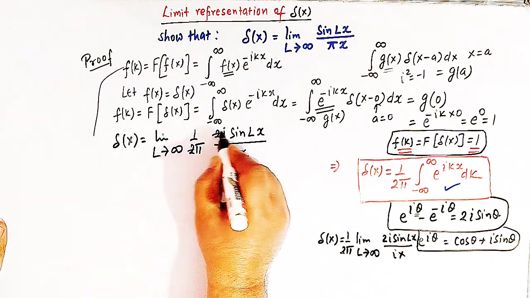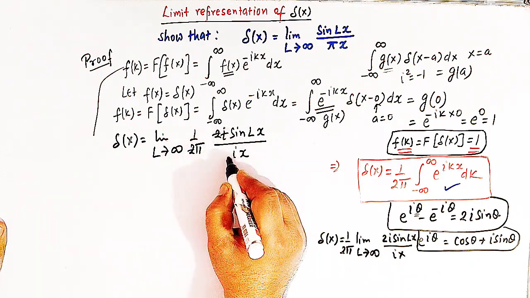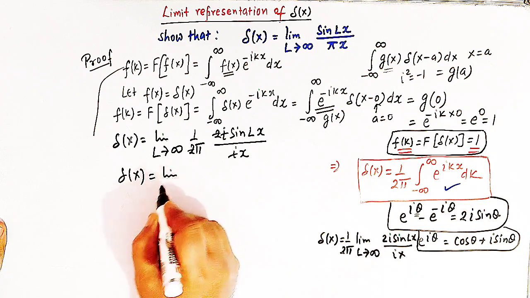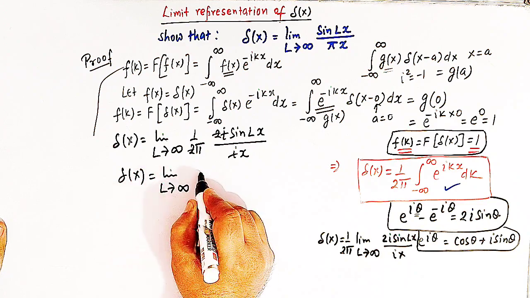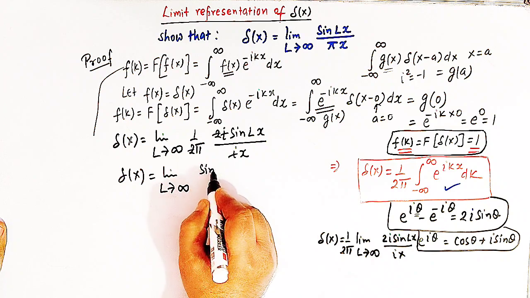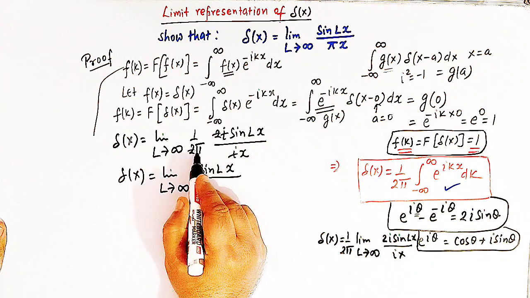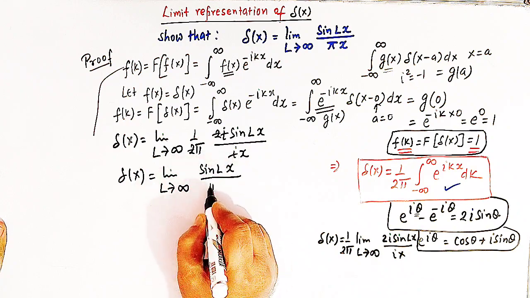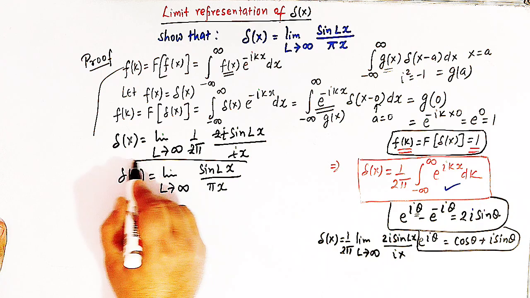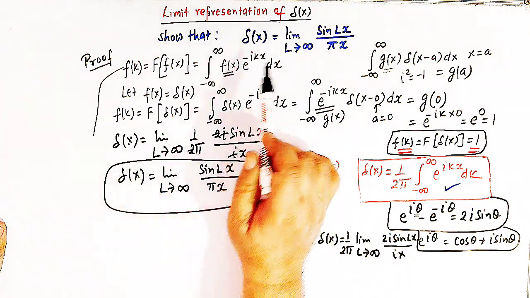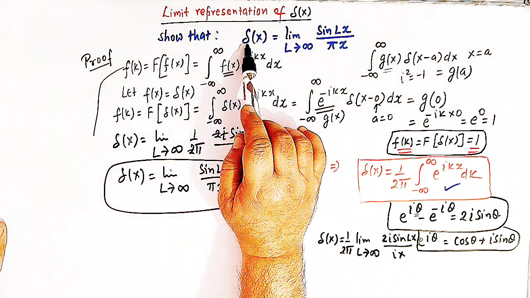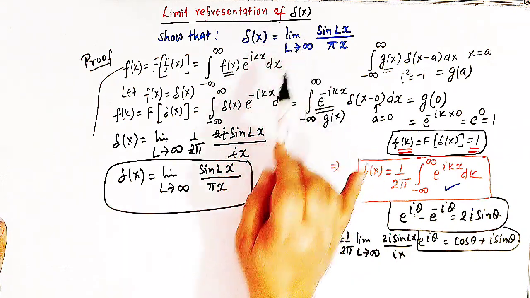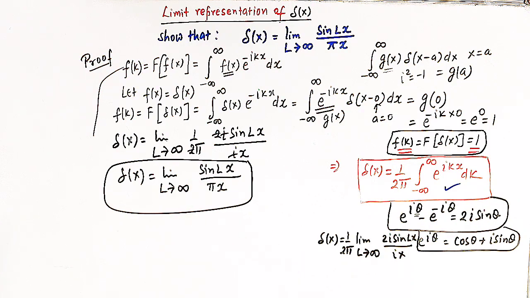Now this 2 and this 2 get cancelled, this i and this i get cancelled. So we are now left with delta x equal to limit L tends to infinity of sine Lx over pi x, right? Multiplying these two together, we have pi x. So this is our required representation of the delta function in terms of limit L tends to infinity of sine Lx over pi x.